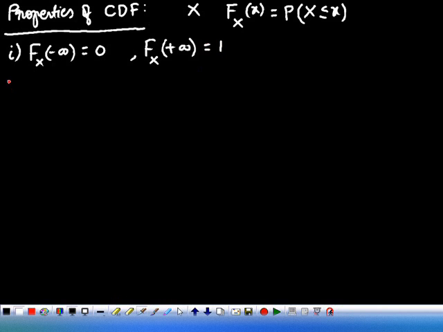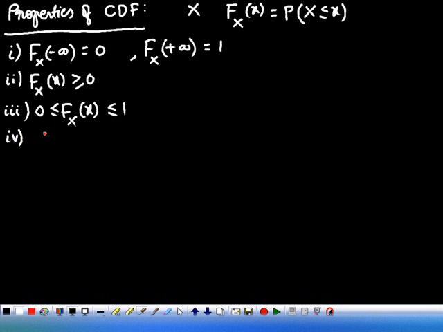That is, Fx of x must be non-negative. Why? Because it is a probability, definitely it must be a non-negative function. And we can write that Fx of x of a particular random variable is lying in between 0 and 1.